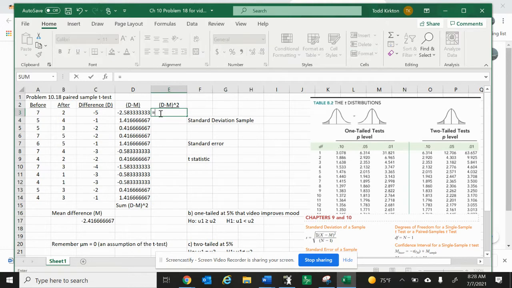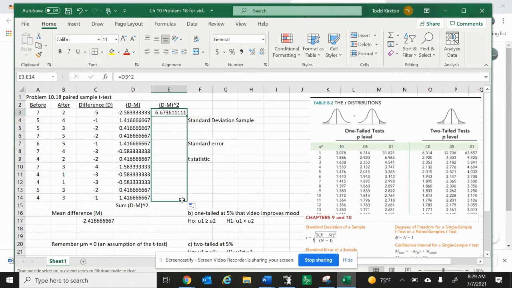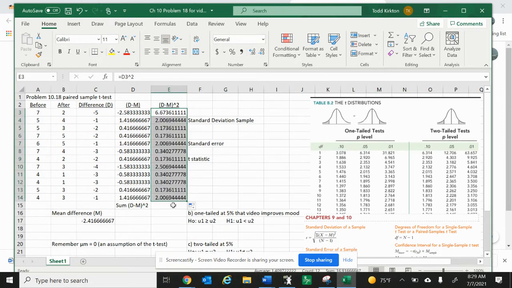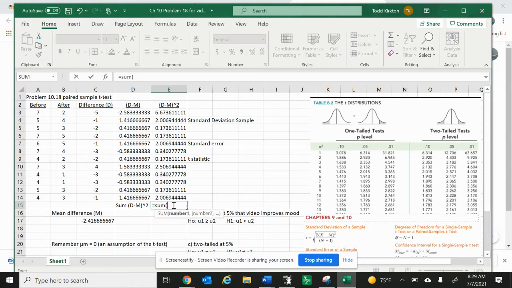And so the next process is to square this number, multiply it by itself. Again, if you drag this corner, you have all of those, and then we're going to need the sum of those squares. Excel is easy for finding that.